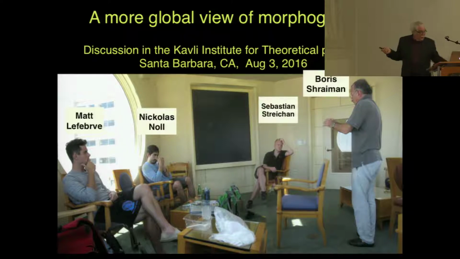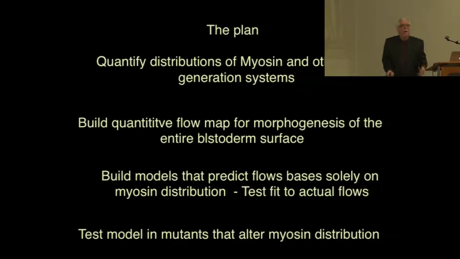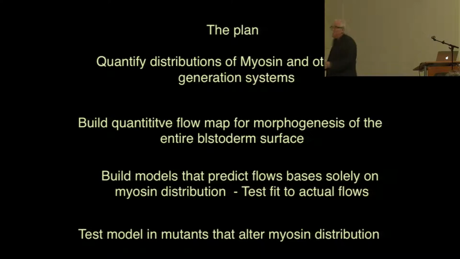Okay, so our idea, and I'm just going to give you a plan of what we're doing before moving to the second half, is to quantify the distributions of myosin over the whole surface, 360 degrees over the entire embryo. If we have to, we can identify other force-generating systems, but we're going to start with myosin. We then want to build quantitative maps in living embryos, what we'll call flow maps, which are basically distributions of morphological change: how cells move over the entire blastoderm surface.